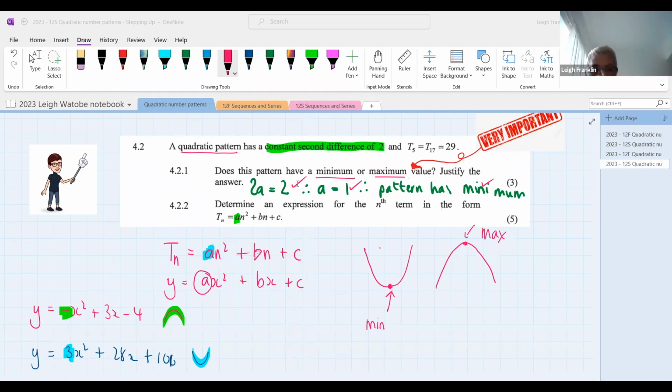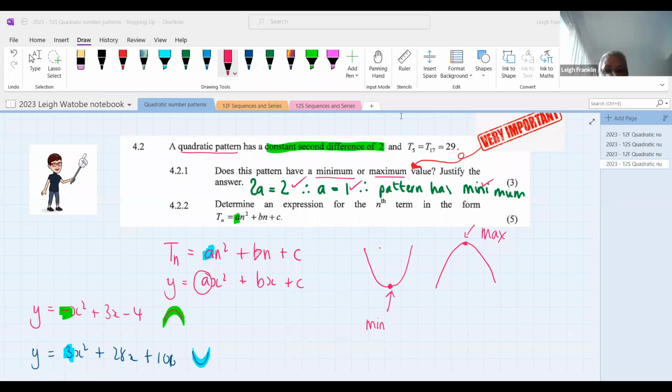Okay, so I'm just going to go through this one more time because questions about minima and maxima do come up a lot in matric. So understanding what a minimum or a maximum is actually a very important concept for you.